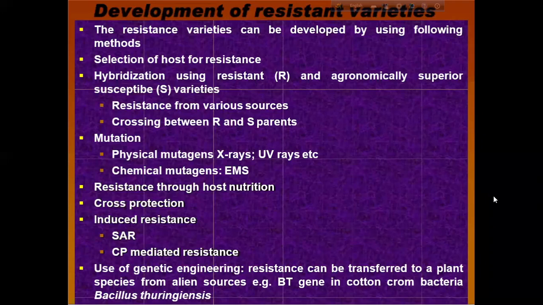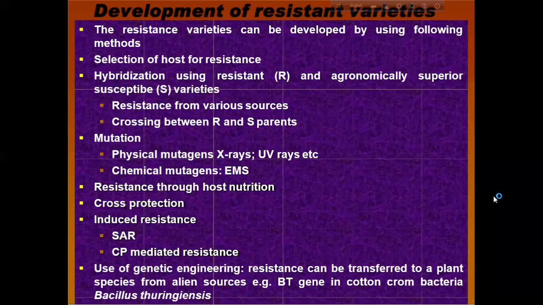What happens if we don't provide balanced nutrition to the plant? Let's say, if we apply excess nitrogen fertilizer, nutrition means, you know, there are essential nutrient elements: carbon, hydrogen, oxygen, nitrogen, phosphorus, potassium, calcium, boron, zinc. So these are the essential nutrient elements for the plant.